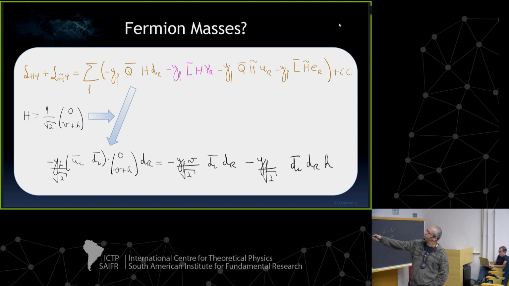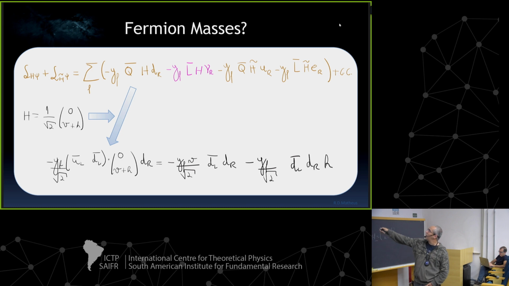Let's take just this first piece, because the same happens everywhere. For this first piece, I'll have two parts. I'll have this one, which is just up, left, down, right, multiplying these, and I can now take this product. The up part goes away because it multiplies this 0.